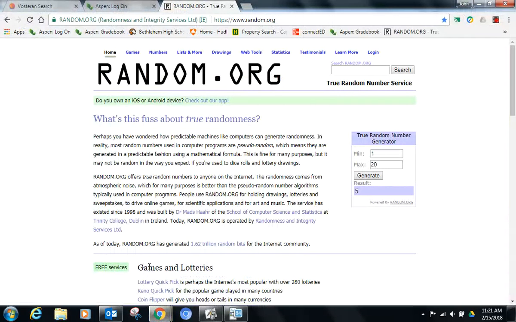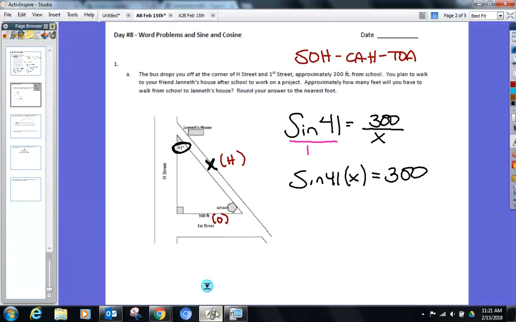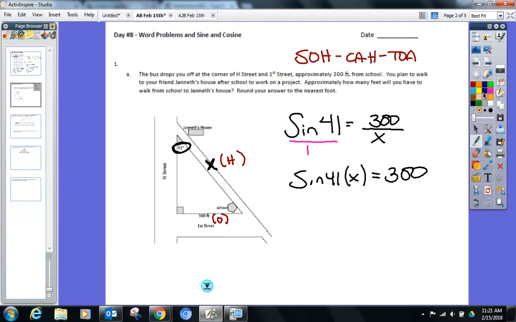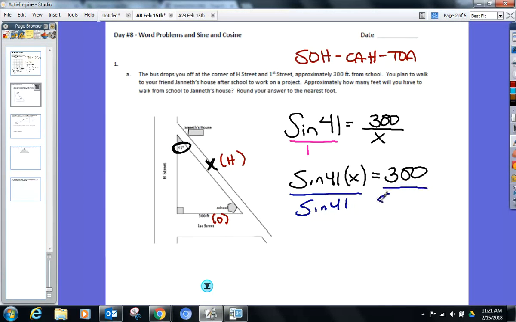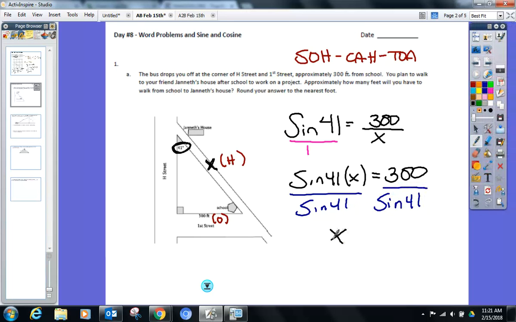How do I get x by itself? You got it. Divide by the sine of 41. If you have a new calculator or are borrowing somebody's, please make sure it's in degree mode.